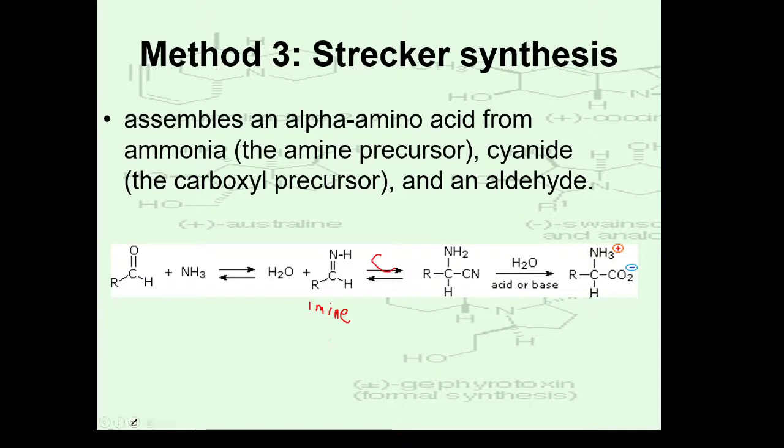That was awful. I'll write it above here. What they forget to add is that we're going to add some sort of cyanide. Hydrogen cyanide, the cyanide anion, sodium cyanide, some sort of cyanide anion, to essentially get rid of that double bond and end up with this product right here.